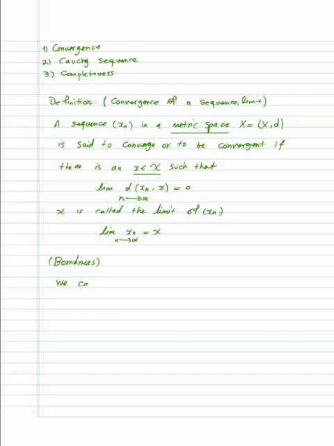We call a non-empty subset M, which is a subset of X, a bounded set if its diameter, which I show with delta of M, which by definition is the supremum of the distance between any two elements belonging to M, is finite.